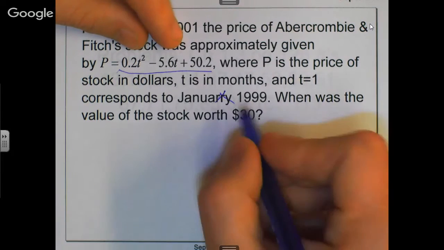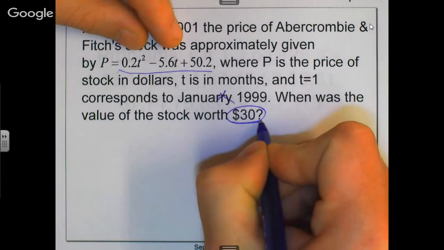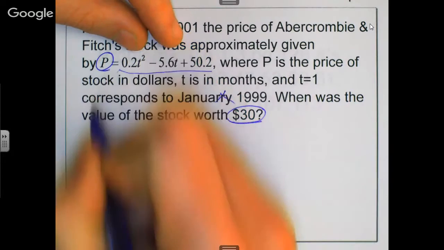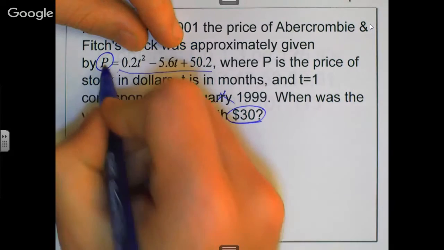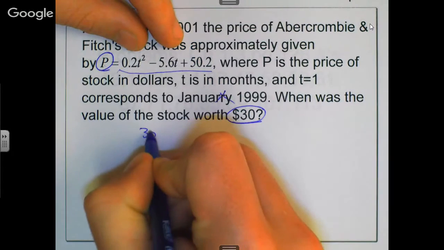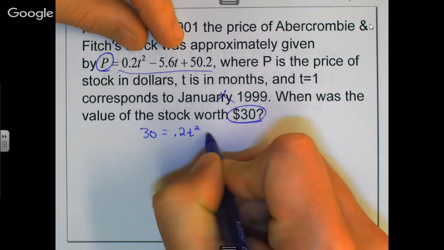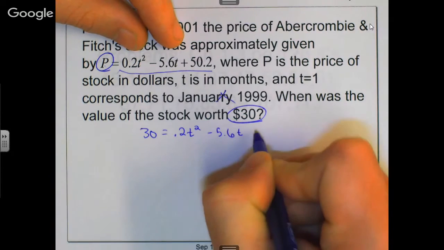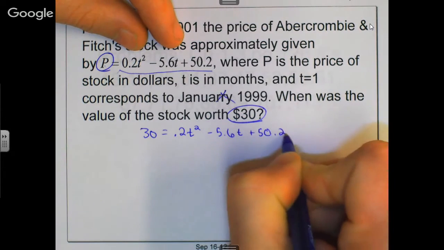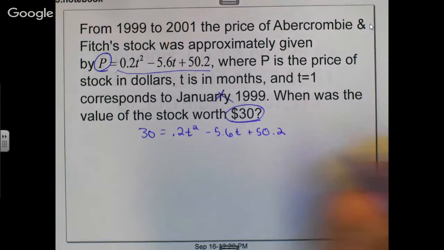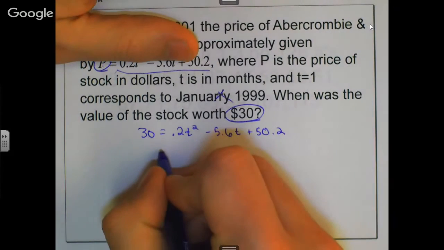Okay, well, I want to know, when is it $30? When is the price $30? So we're going to take 30 and plug it into P. I got 30 equals 0.2t squared minus 5.6t plus 50.2. Quadratic, we just set it equal to 0 and solve it.